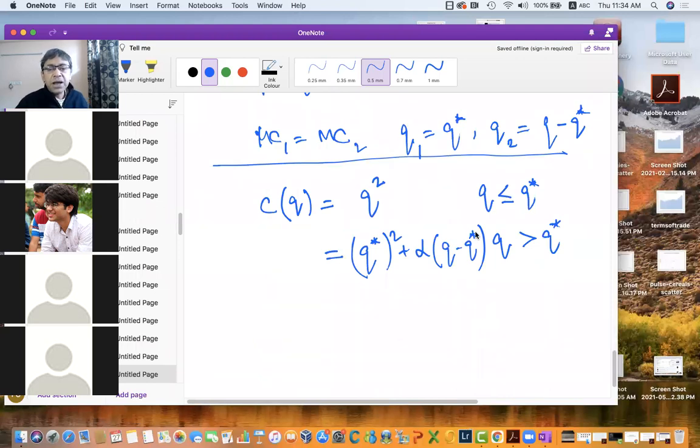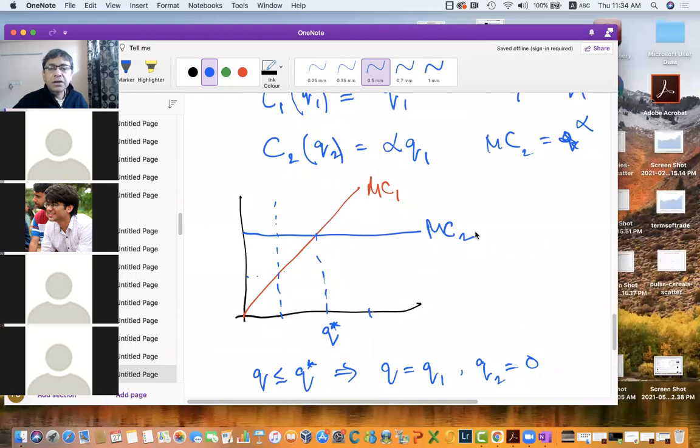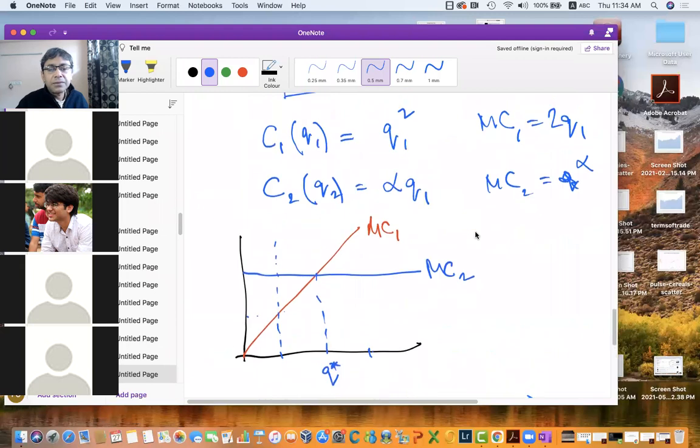Okay, so what is the supply curve if it's perfect competition? What will be the supply curve? Anyone?